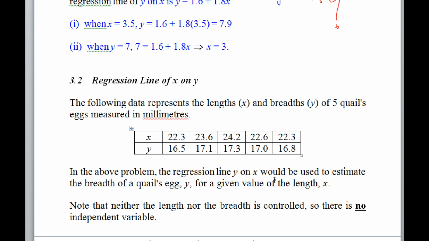Now this is the data of the length and the breadth of the quail eggs. Okay, length and breadth. There is actually no independent variable. Now, can I have attention, please?